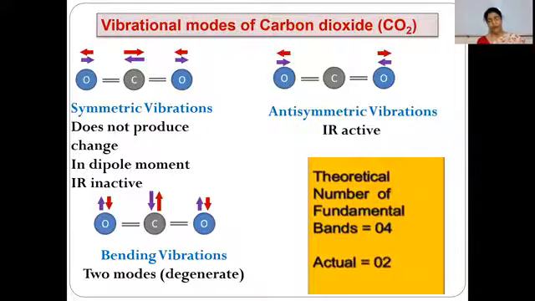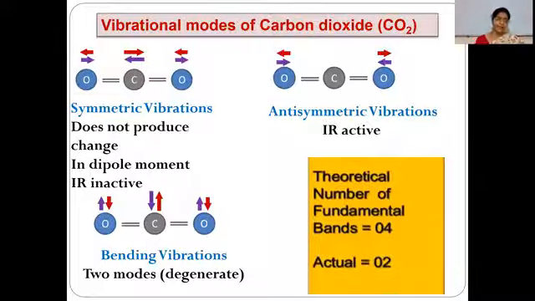From one side, the carbon-oxygen bond length decreases and from the other side, carbon-oxygen bond length increases. In this condition, this vibration must have some change in the fluctuating dipole moment. So this type of transition will be recorded in the IR spectrum and it will be known as IR active vibration.